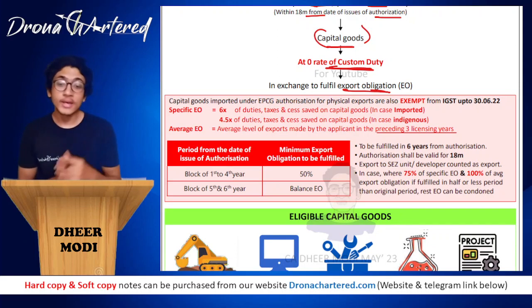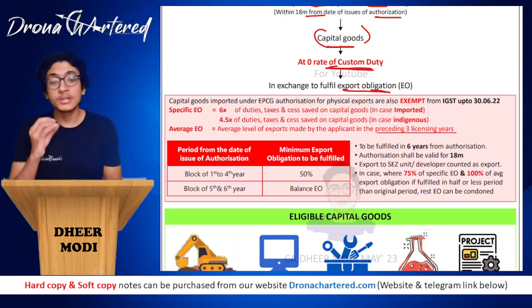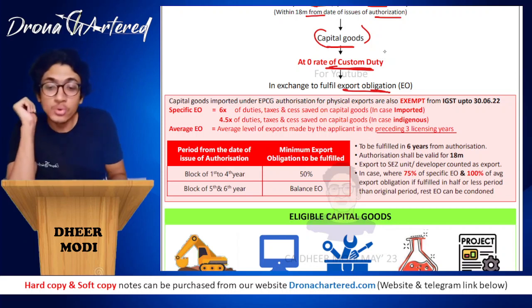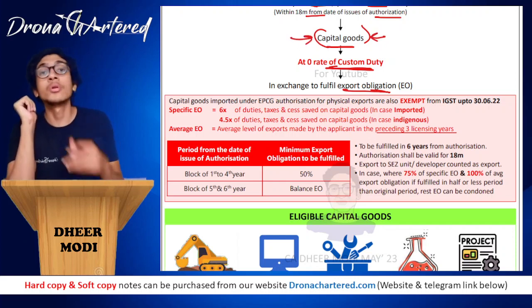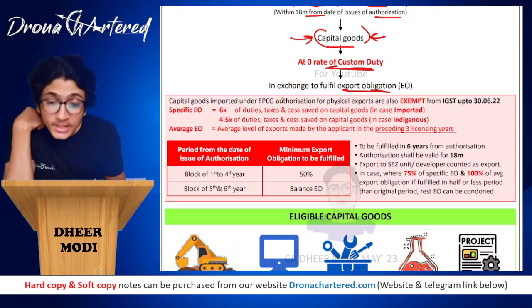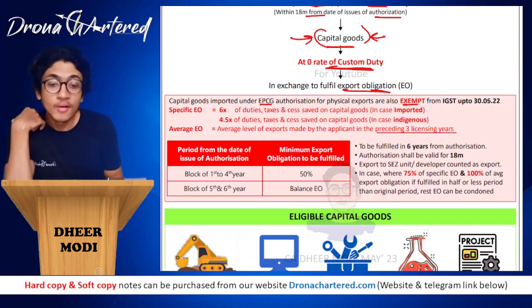So if you meet the export obligation, we will not be charging you any customs duty when you are importing these capital goods, because you are generating a lot of exports for India. Capital goods imported under EPCG authorization for physical exports are also exempt from IGST.